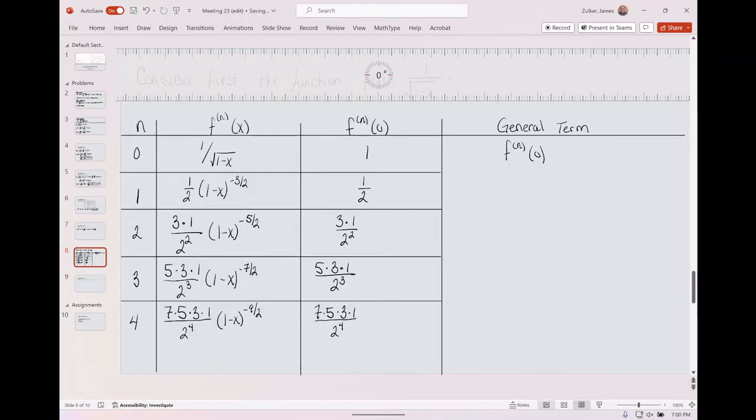That's what I'm asking for, the general term. So we're trying to write a formula for that shows the pattern. Yeah, because I see the pattern. I'm just trying to think of how to express it.